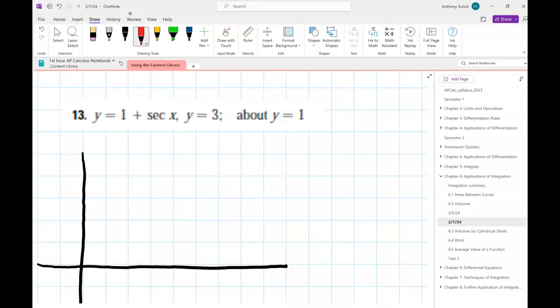It has asymptotes. Where are the asymptotes going to be? When cosine is equal to 0. When is cosine equal to 0? At 90 degrees, so pi over 2, and every pi after that, right? Those are my asymptotes.